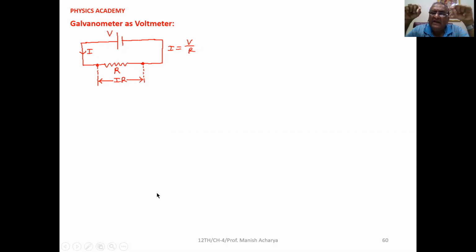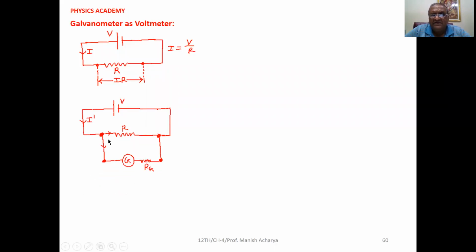So any voltage measuring device will always be connected parallel to the component, because in parallel combination the voltage is the same across each component. Now suppose here we connect the galvanometer directly parallel to this resistance.